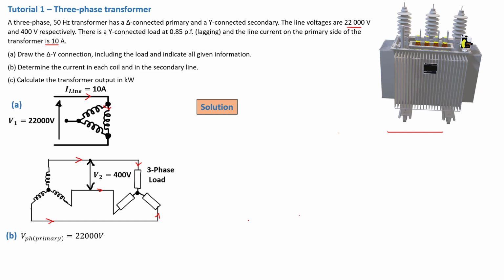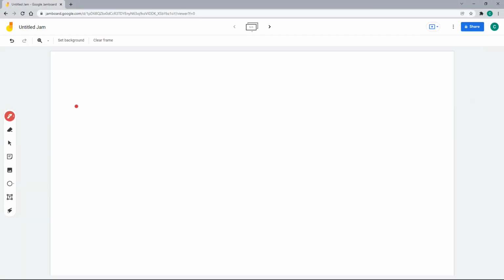We know that the primary phase voltage of the transformer is 22,000 volt. How are we going to determine this current unless we make use of the transformer ratios? Now I'm going to show something very quickly here.